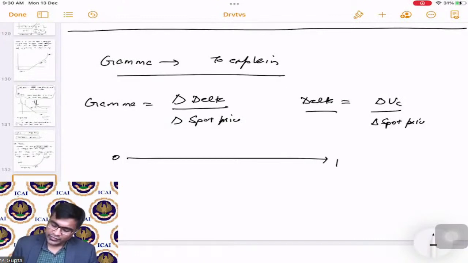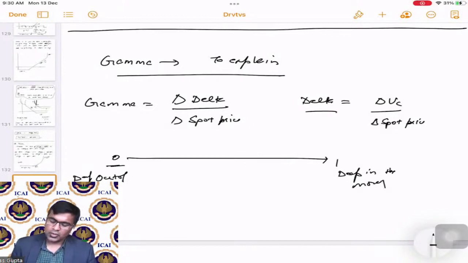So at 0, it will be out of the money, deep out of the money, I can say. And at 1, it will be deep in the money. Okay, students? And it will be somewhere here at the money.